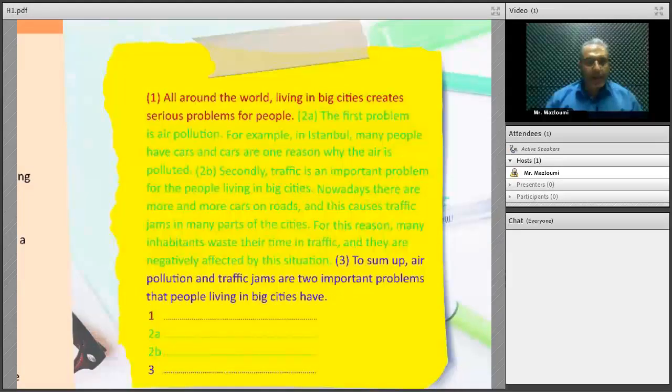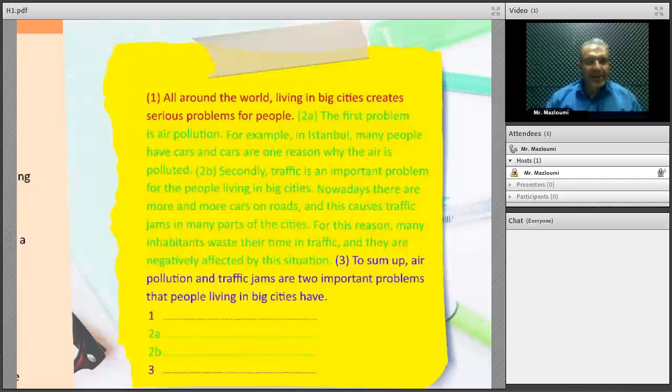Let's see. This is the paragraph, everyone. Number 1. All around the world, throughout the world, living in big cities causes serious problems for people.